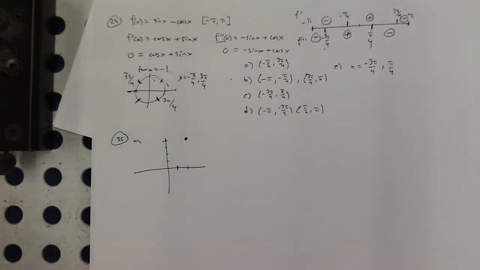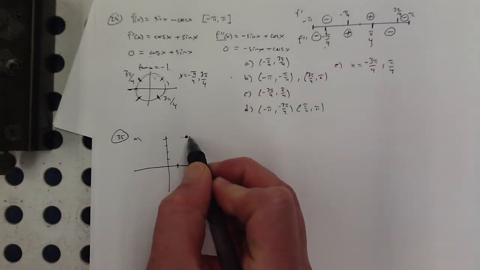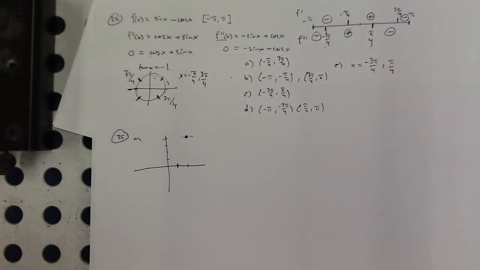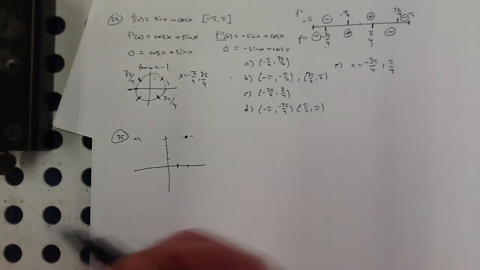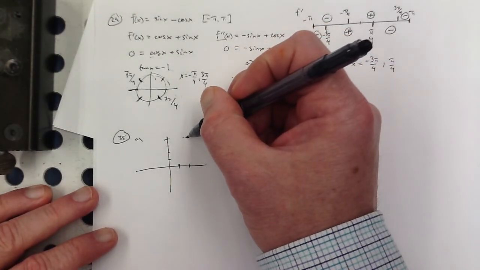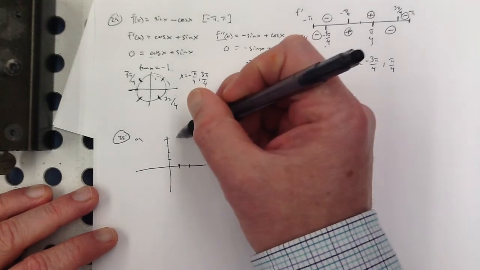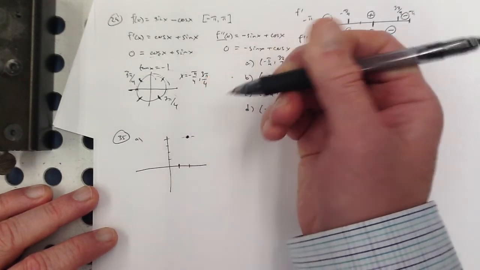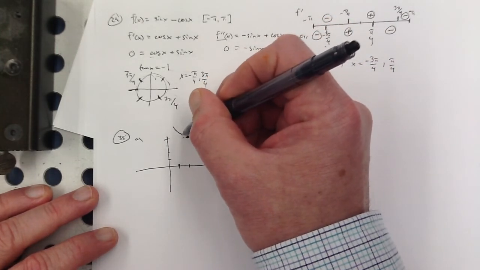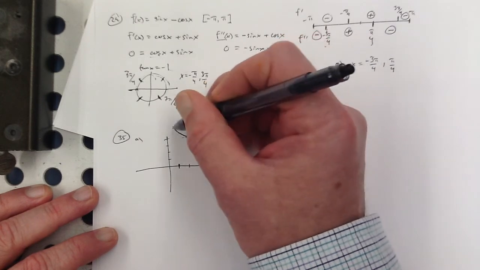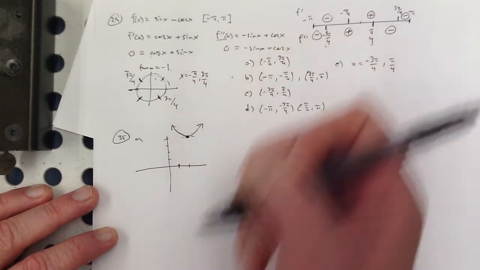F prime of 2 is 0, so that means the tangent line is horizontal there. And f double prime of x is positive, so it's concave up everywhere. So if it's going to go through this point, and it's going to have a slope of 0 there, and it's concave up everywhere, then it must be grazing that, kind of like that.